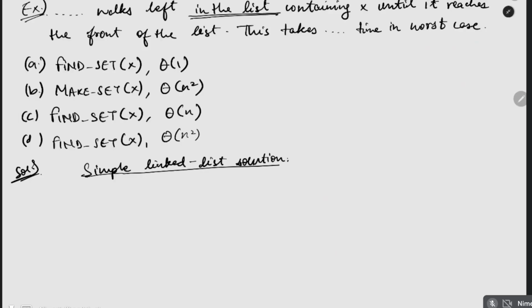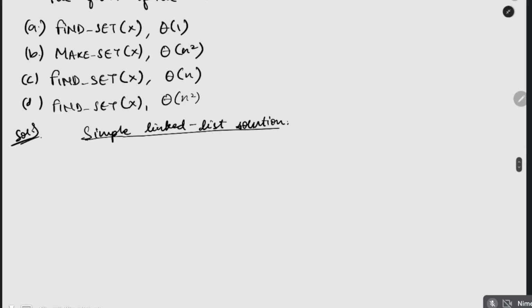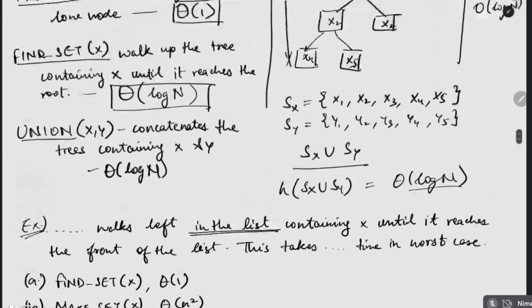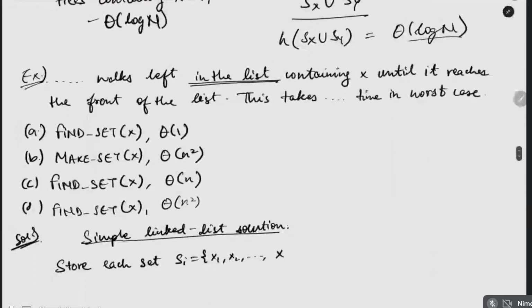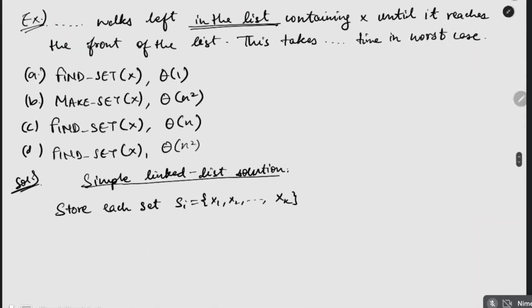So how we approach the simple linked list solution is we store each set, x1, x2 up to xk, as an unordered doubly linked list.